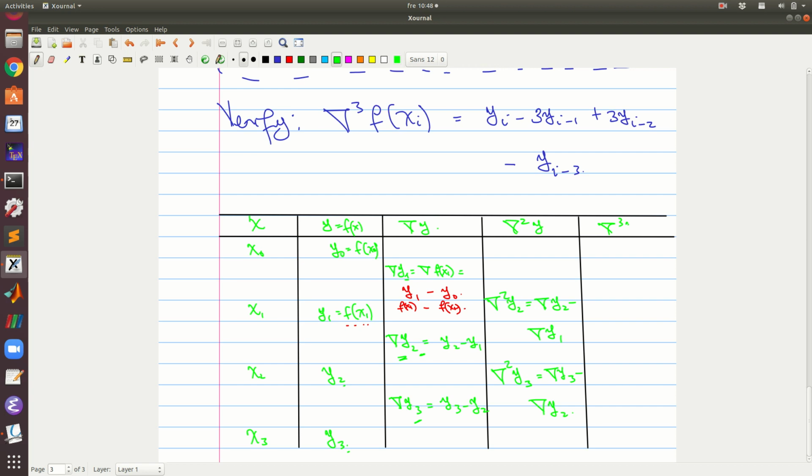And then this is the third backward difference operator, evaluated here at y3, which is given by the second backward difference at y3 minus the second backward difference at y2.